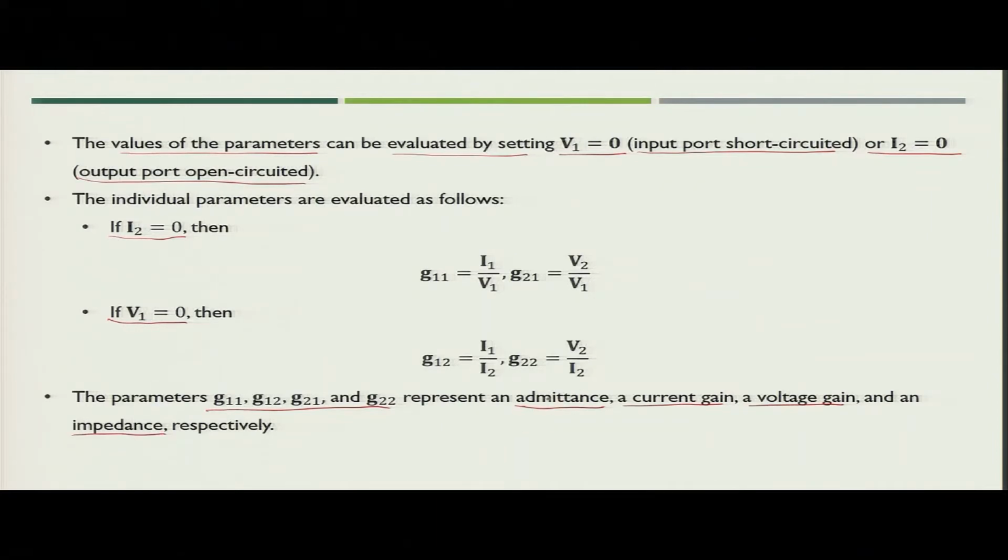You can compare them with the H parameters, where H11 was impedance, H12 was voltage gain, H21 was current gain, and H22 was admittance. So here you will see the parameters are opposite to what we had in case of H parameters. Here G11 is admittance, G12 is current gain, G21 is voltage gain, and G22 is impedance.